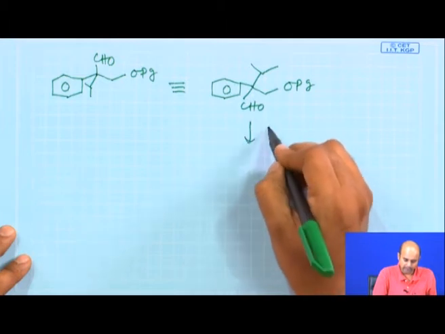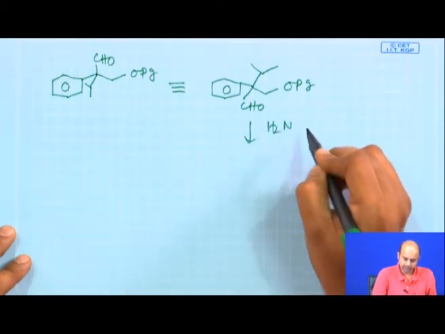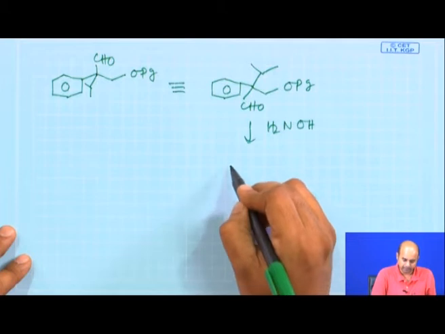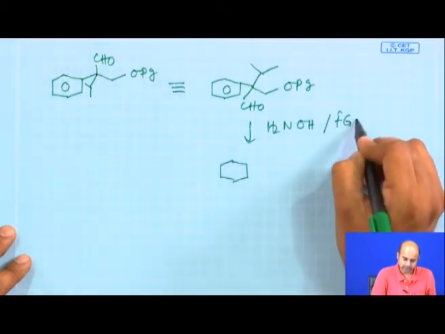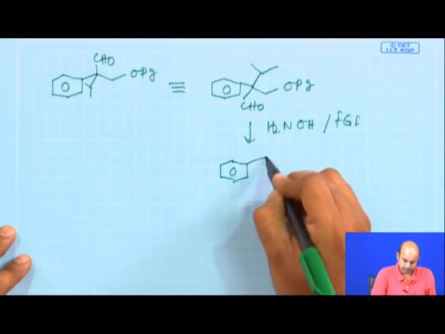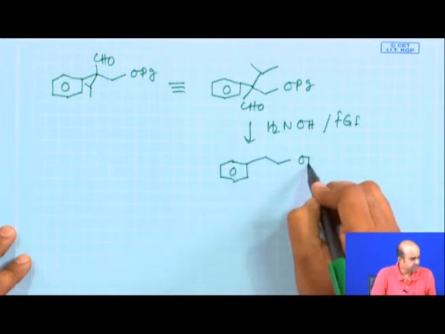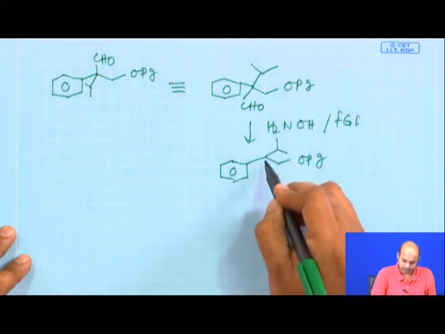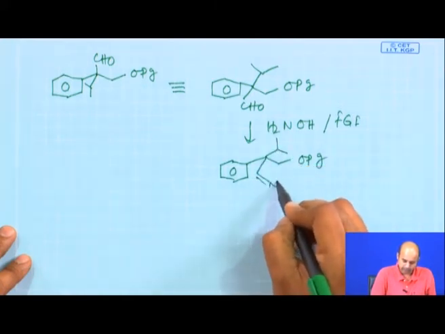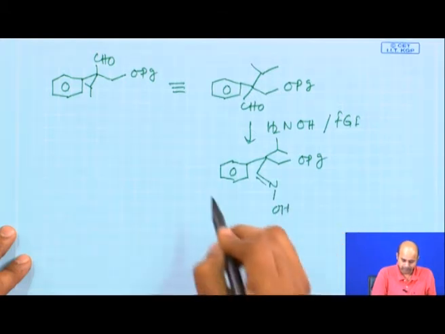Now, make this aldehyde an oxime, an aldoxime, by hydroxylamine treatment, the very standard FGI. So, what will you get? You get this OPG, the OPG remains the same, your isopropyl group remains the same, and then you get the corresponding oxime. Okay.